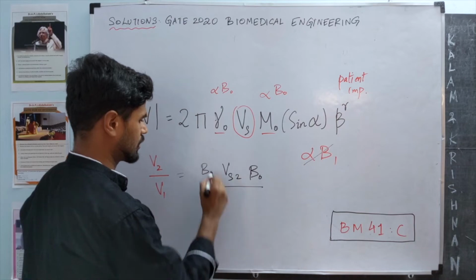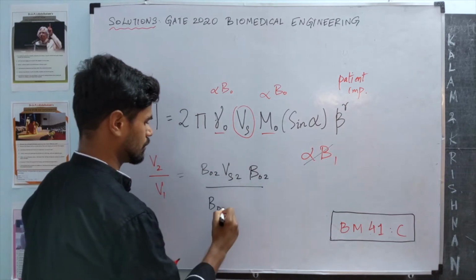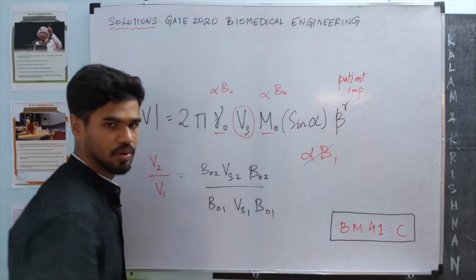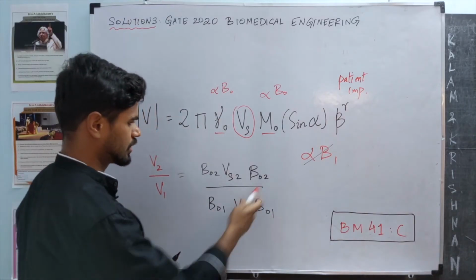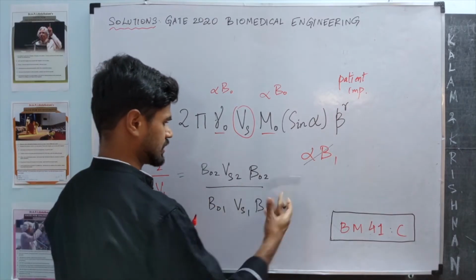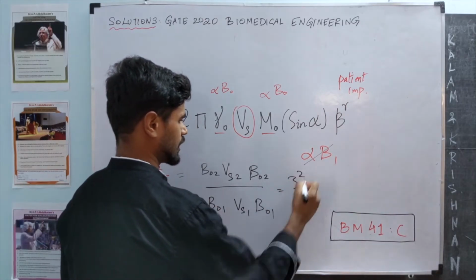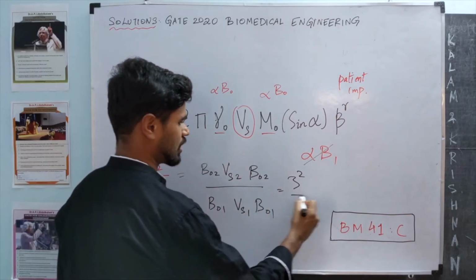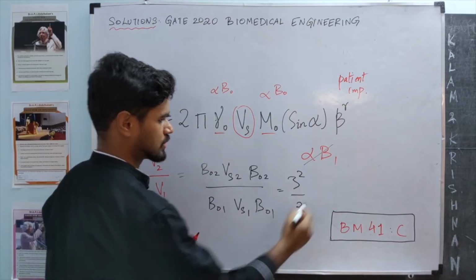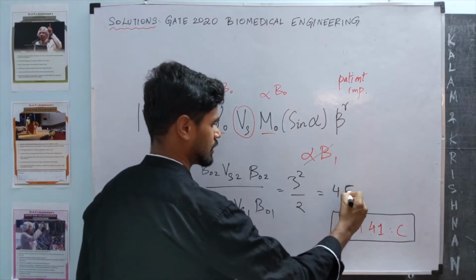So B0 2, 2, B0 1, BS1, B0 1. Okay, so the ratio of B0 2 over B0 1 is 3. So it's 3 square, and the slice volume is halved. So ratio of BS2 by BS1 is 1 by 2. So that gives 4.5, which is option C.